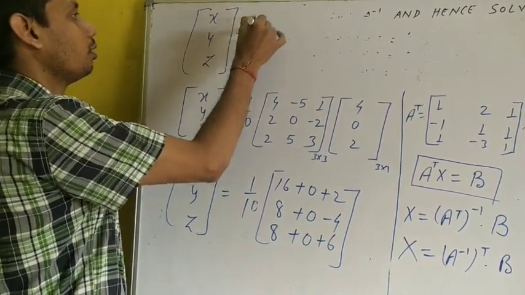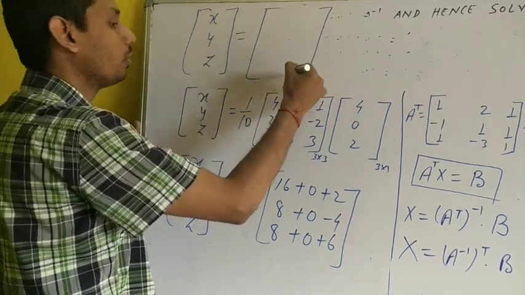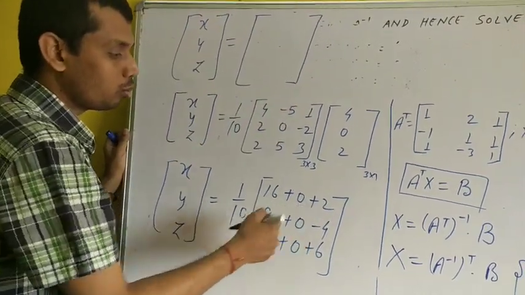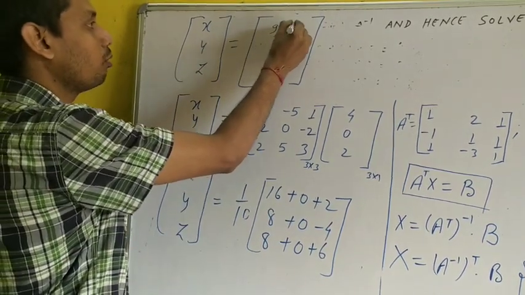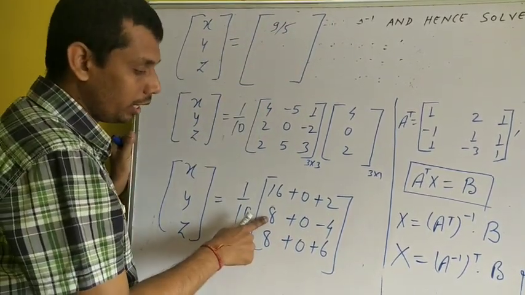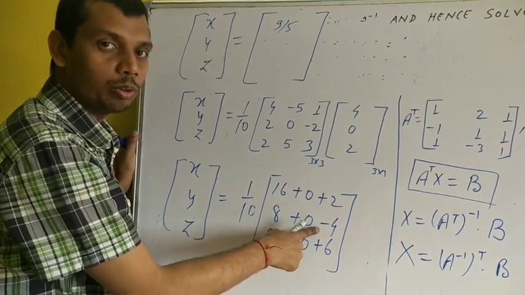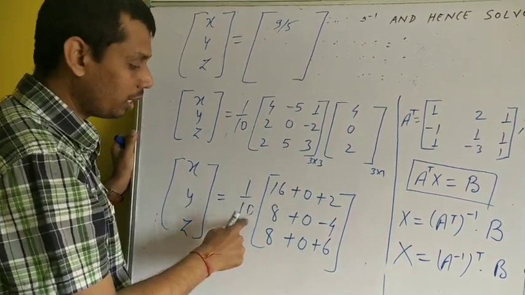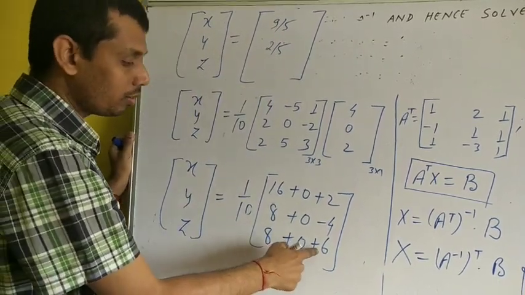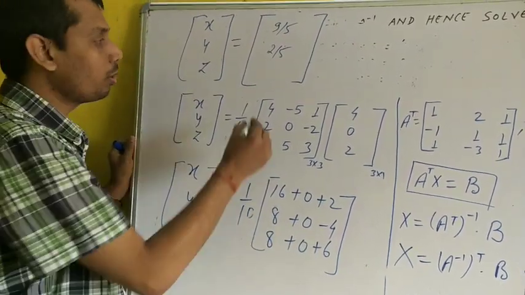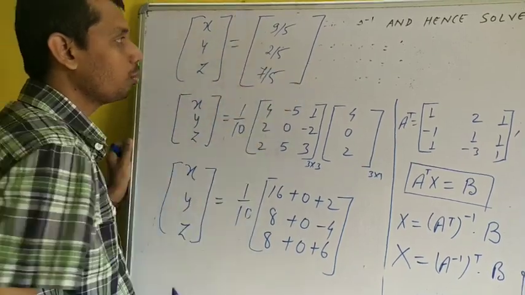Now see, 16 plus 2 is 18. 18 by 10 is 9 by 5. 8 minus 4 is 4. 4 by 10 is 2 by 5. 8 plus 6 is 14. 14 by 10 is 7 by 5.